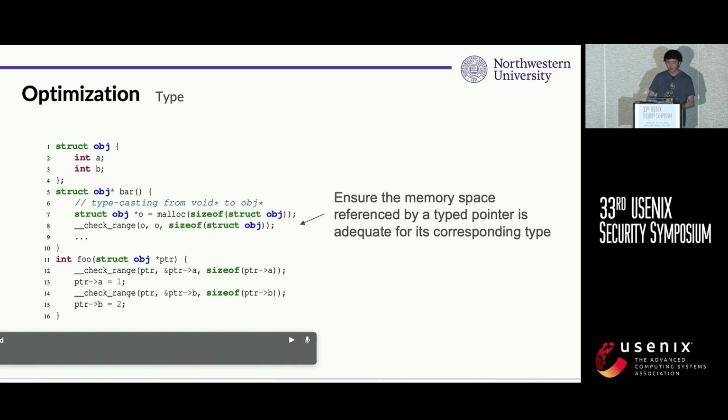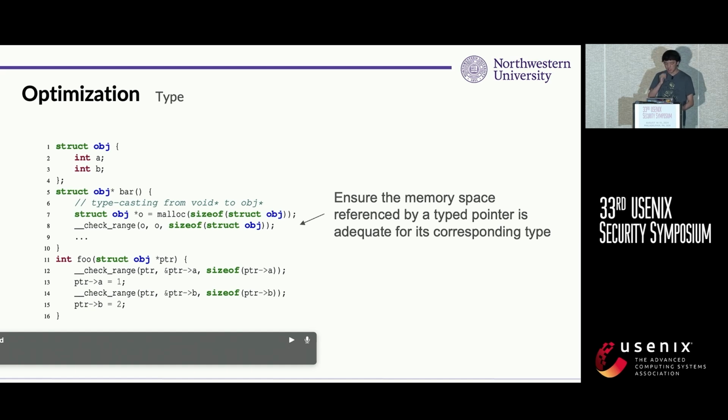Then we introduce how we use optimization techniques to optimize CAMP. The first optimization is the type optimization. As we said before, we instrument checking for every typecasting instruction.